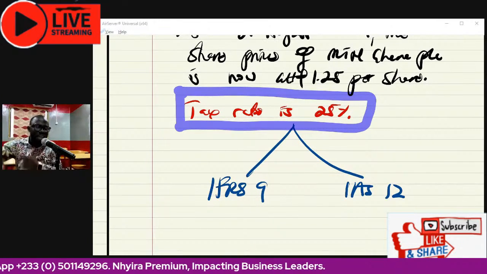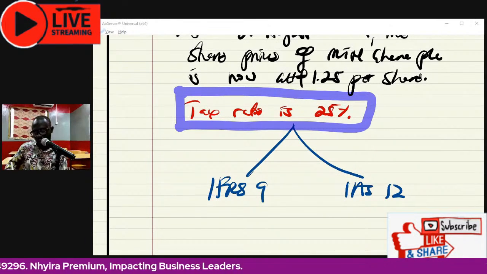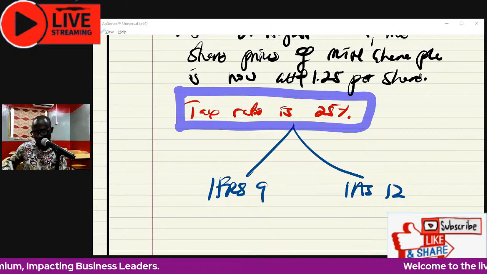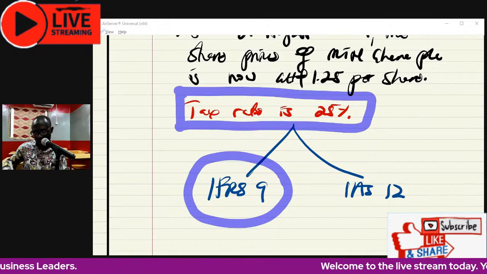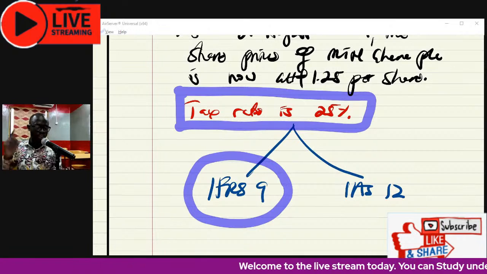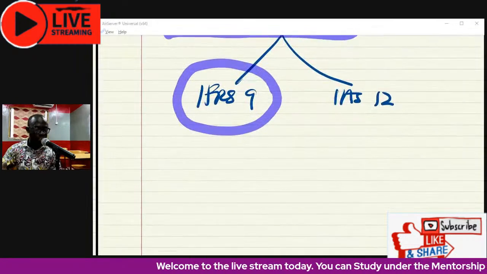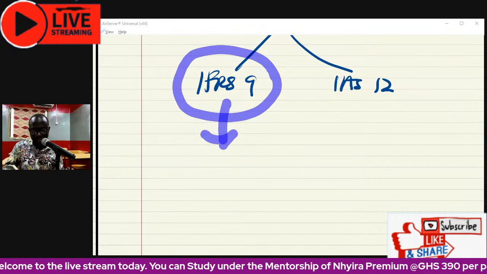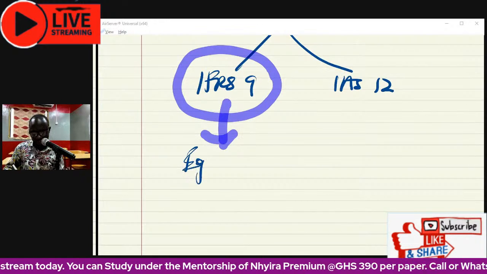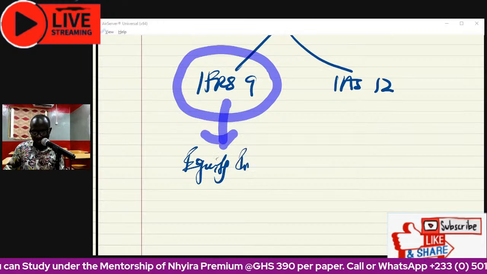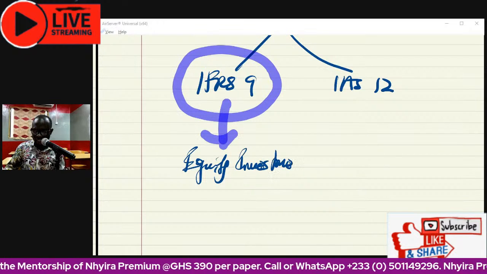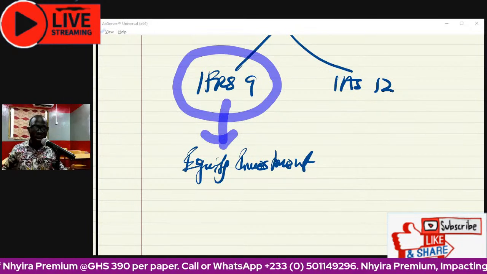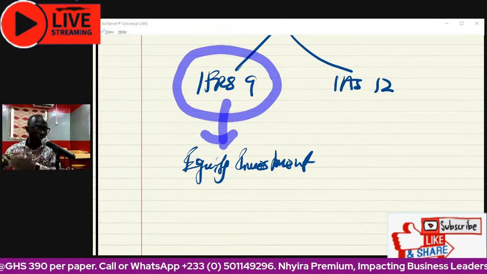Assuming there was no tax rate in the question, we would have only dealt with what? IFRS 9. Now, since the company is buying shares, this is a financial asset. It is an equity investment that they are making, and it could be carried at P&L or carried through OCI.